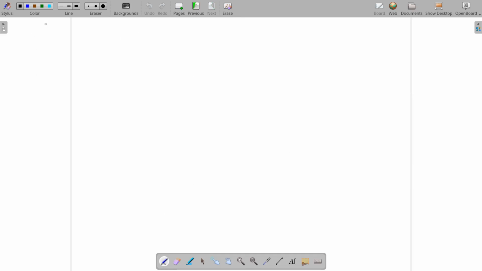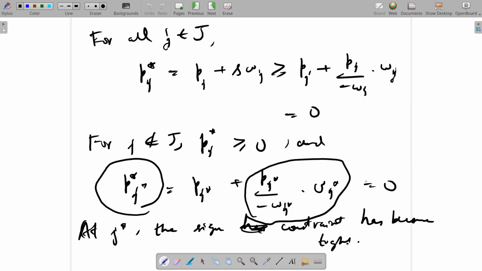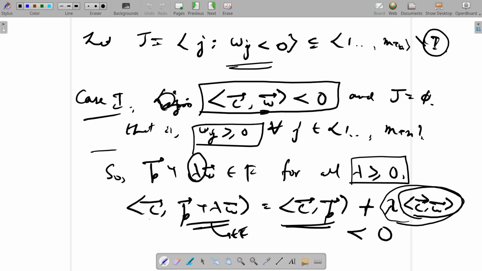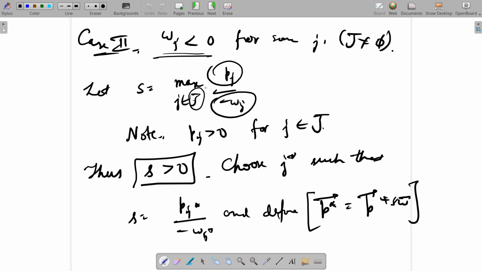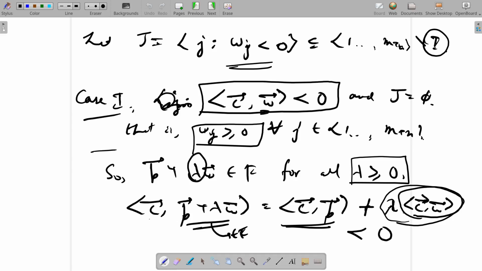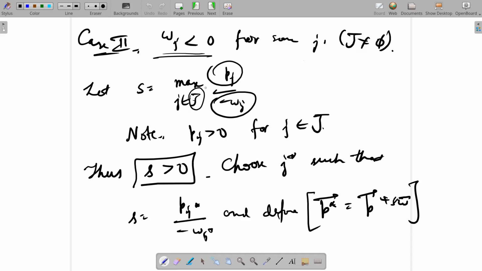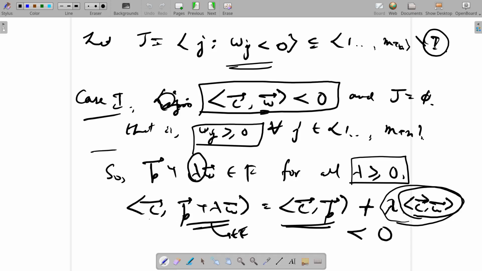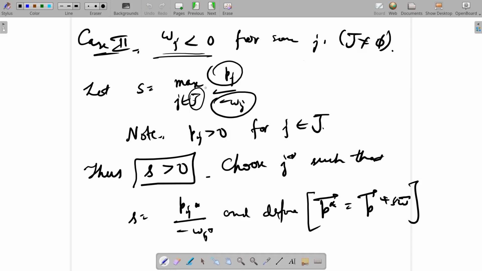Okay, so what's the remaining case? We can figure it out ourselves. Case 1 was, we had said J is empty, and we had certain requirements of our objective function, that c dot w is strictly less than 0. In the second, we never really mentioned that c dot w is less than 0 or bigger than 0. All we said was J is non-empty.